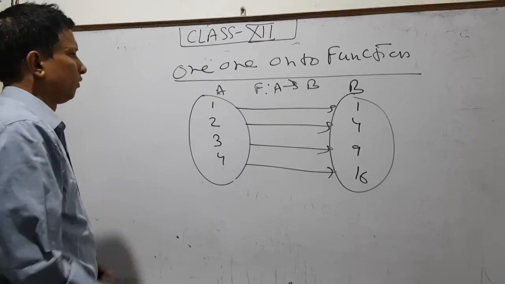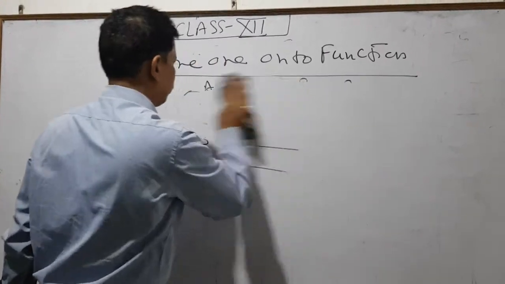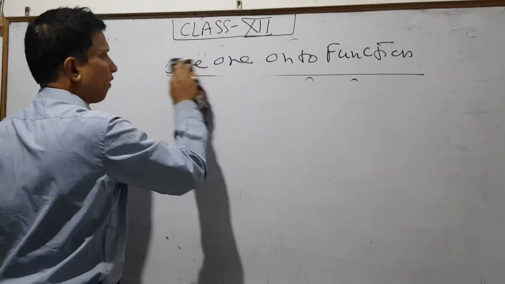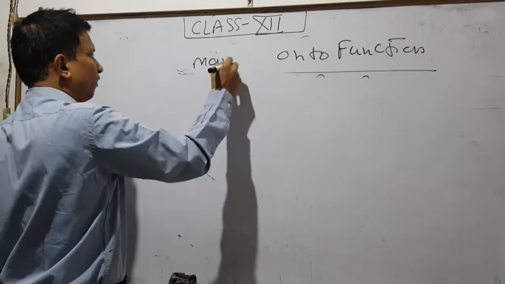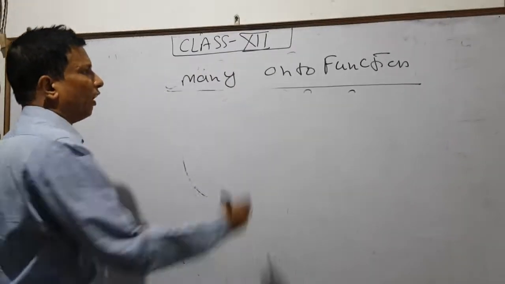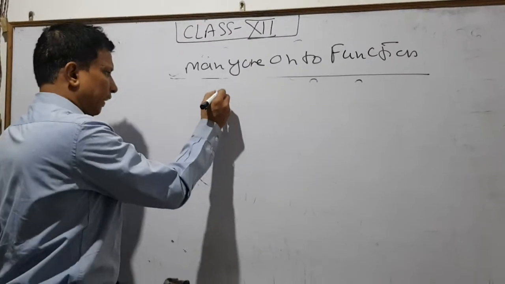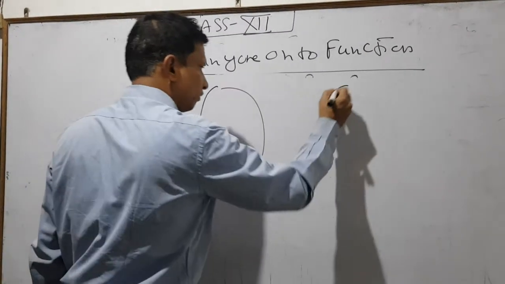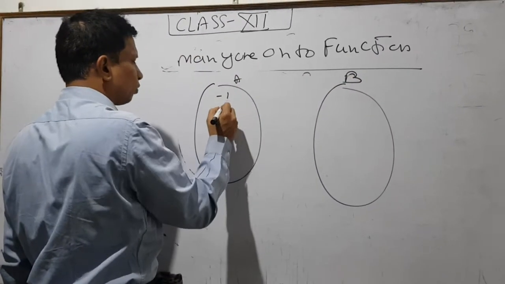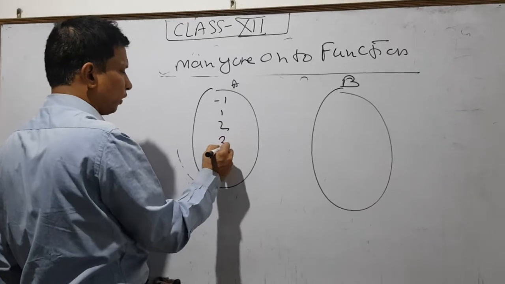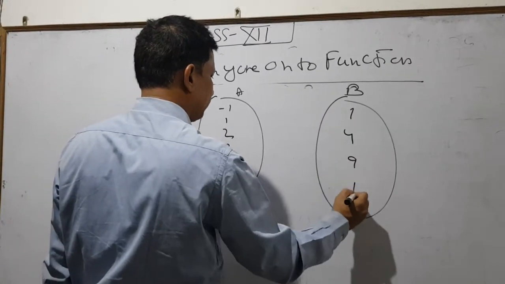Next, many-one and onto function. In many-one and onto function, A and B are: minus 1, 1, 2, 3, 4 and 1, 4, 9, 16.